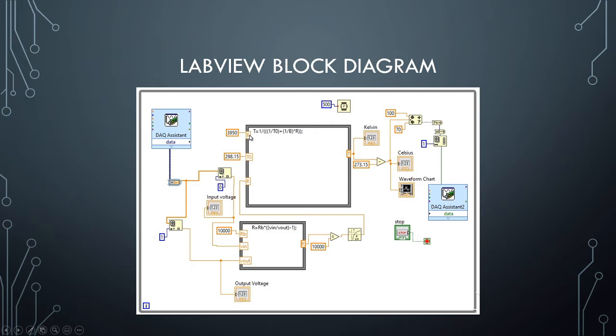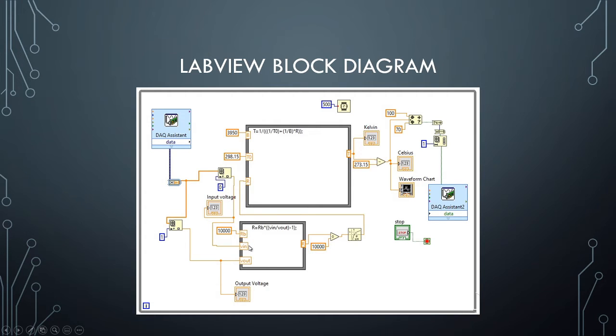All they gave me was beta, which was 3950, and the initial temperature that it was rated for, 25 Celsius, or 298.15 Kelvin. And at that temperature, it's rated at 10,000 ohms, which was the resistance baseline.